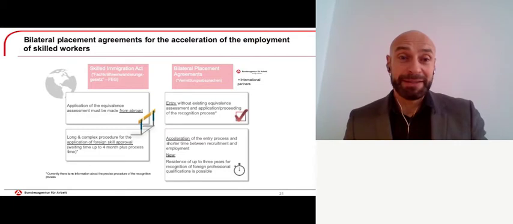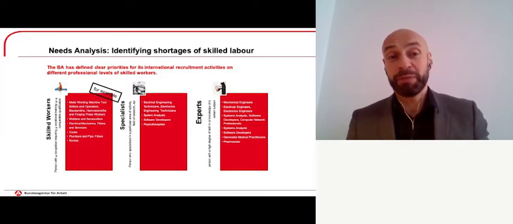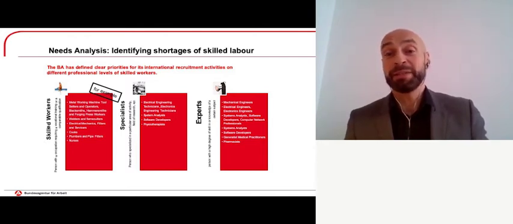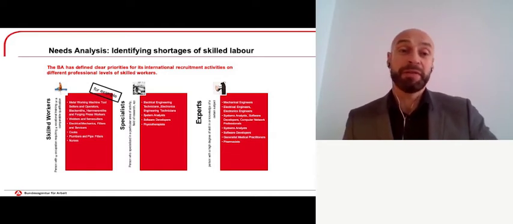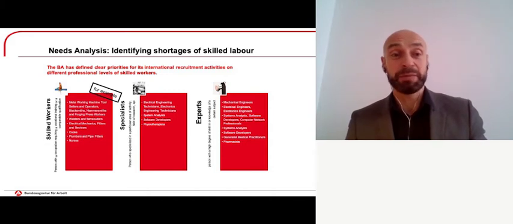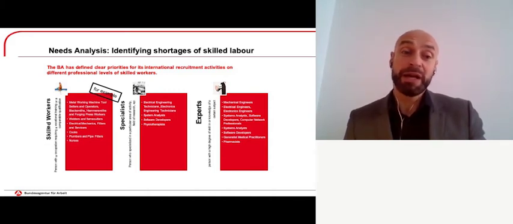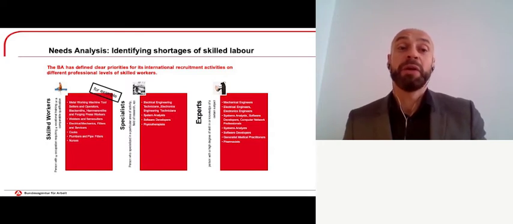And just quickly on our process, what we did as the Public Employment Service, we carried out the needs analysis for identifying shortages of skilled labor, especially for recruitment abroad. This is something that we carried out last year and that was published last year for the first time, and we identified a shortage and the need for recruitment.